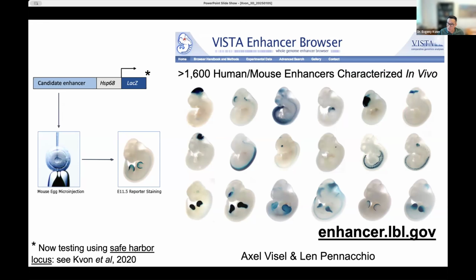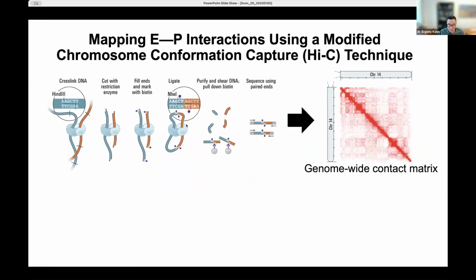So we wanted to use this resource to study the 3D conformation of these experimentally validated mouse enhancers. And of course, the method of choice is Hi-C, if you want high throughput. Briefly, for people who don't know about Hi-C, you cross-link the DNA, which preserves the 3D loops between different genomic regions, then you cut it with a restriction digest, biotinylate, ligate, pull down the biotinylated ligation junctions, and sequence them.